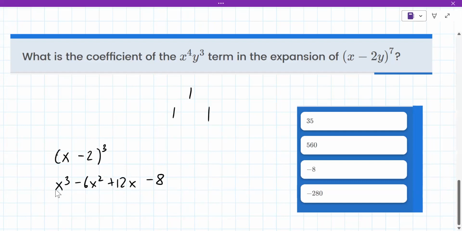Notice this alternates positive, negative, positive, negative. So the answer to this is going to alternate positive, negative, positive, negative. That helps us decide which one it is. And you probably remember from Pascal's triangle that the numbers get fairly large pretty quickly.